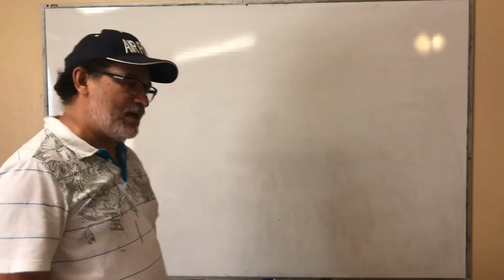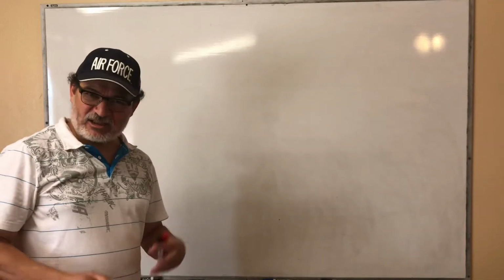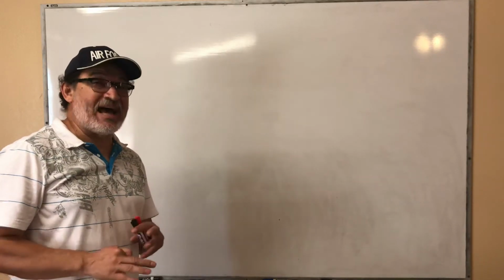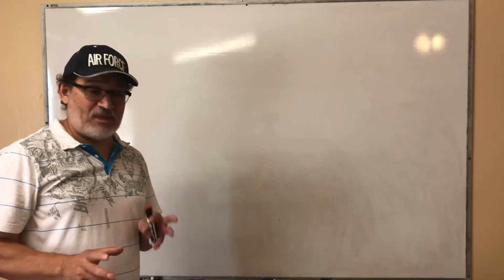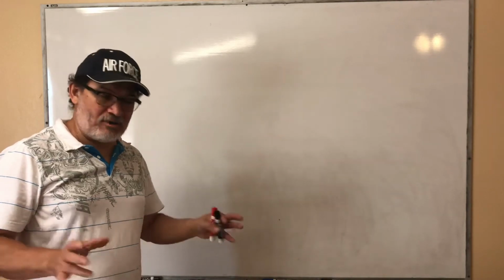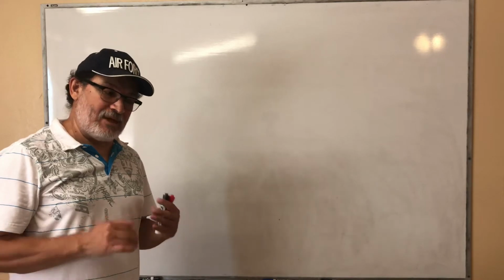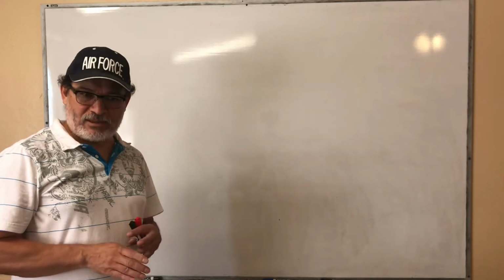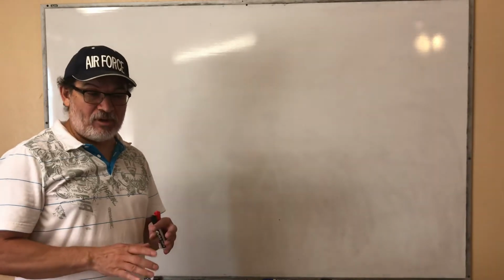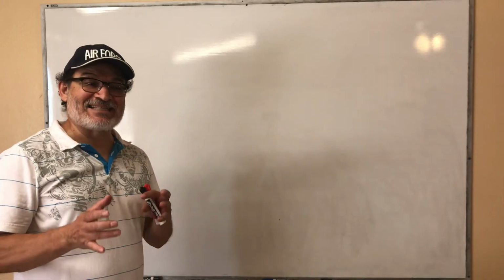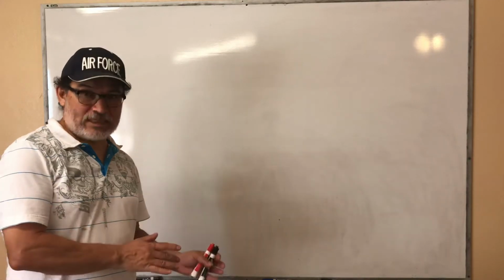You tell the line, give me a point and a slope. But the line is tricky. Now it's going to try to trick you. The line is going to say, here, Buster, let me give you a point and let me give you the slope of a line that's perpendicular to it.